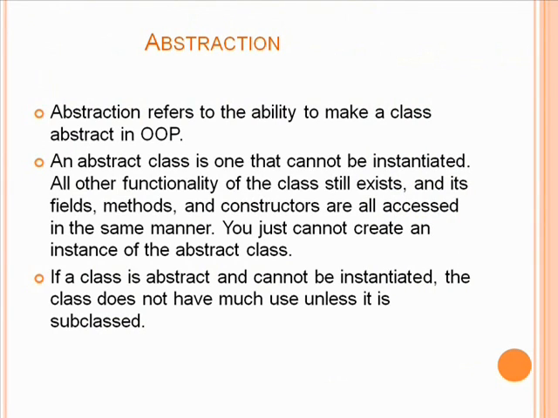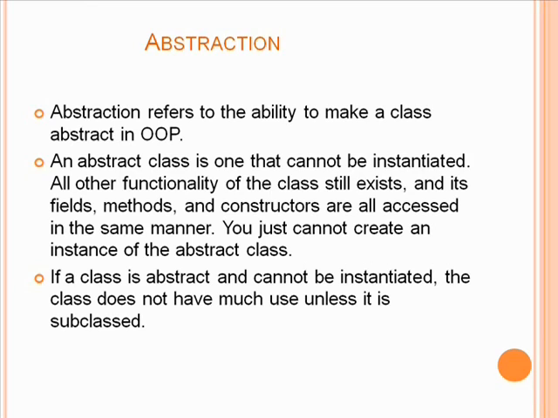Finally, let's look at abstraction, which is another OOP concept. Abstraction refers to the ability to make a class abstract in OOP. An abstract class is one that cannot be instantiated.